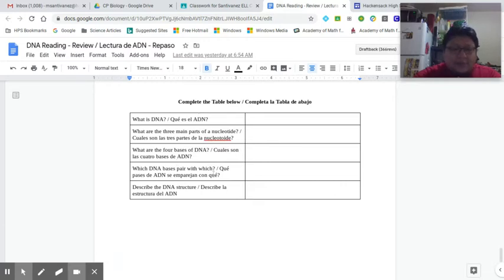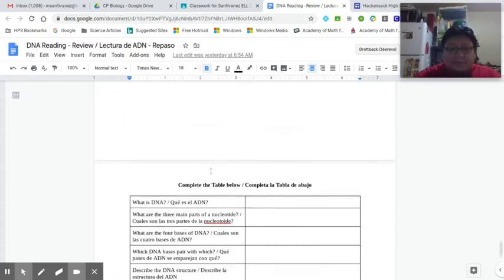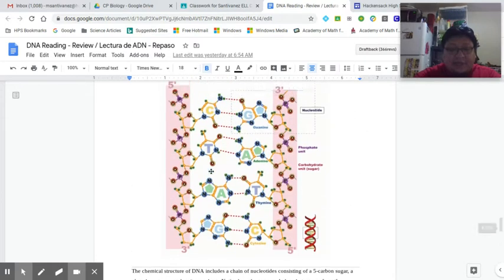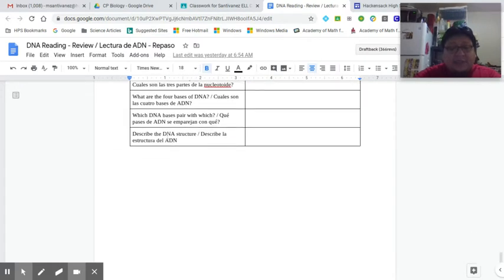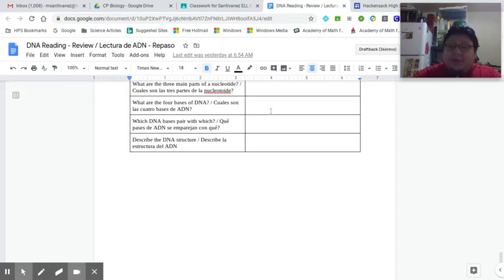So these are the questions. What is DNA? What are the three main parts of a nucleotide, which is the parts of a DNA? What are the four bases of DNA? Which DNA bases pair with which? Something up here that has A, T, G, U. There are two bases which pair with which.